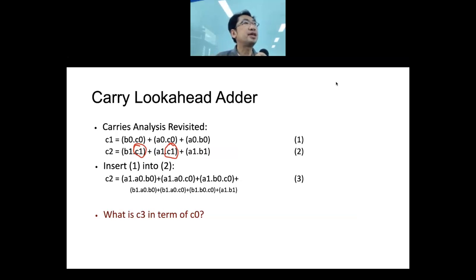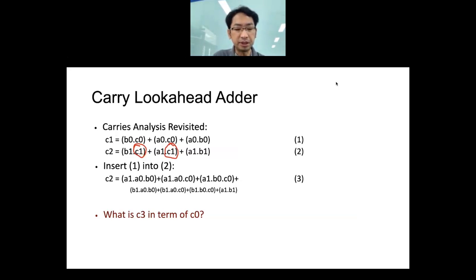We use the same idea as C1. C1 has only inputs. We can change the statement for C2 to have only inputs. How? We just put C1 into C2, and all the terms here will be inputs only.